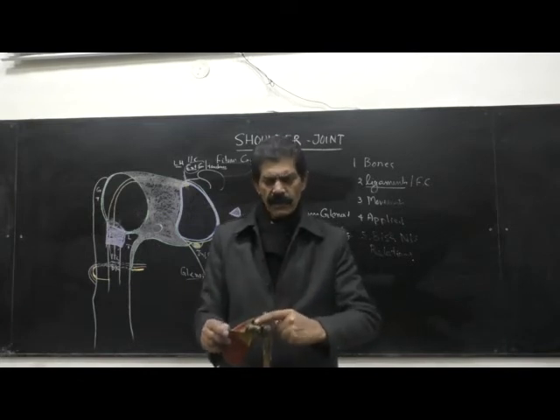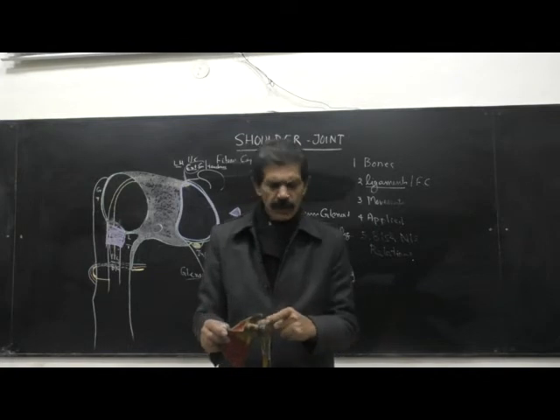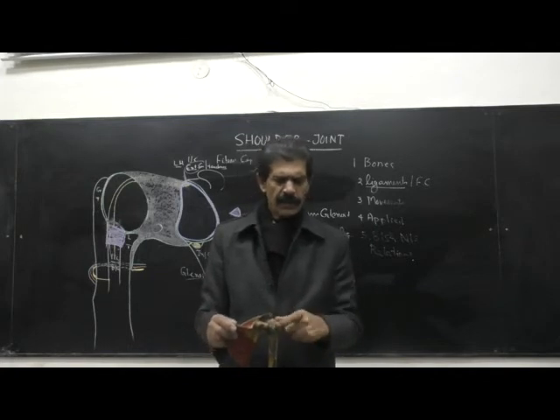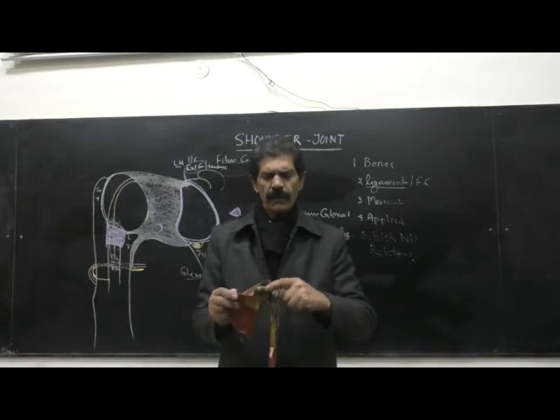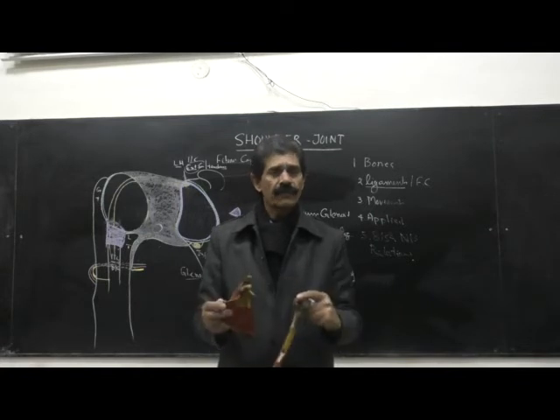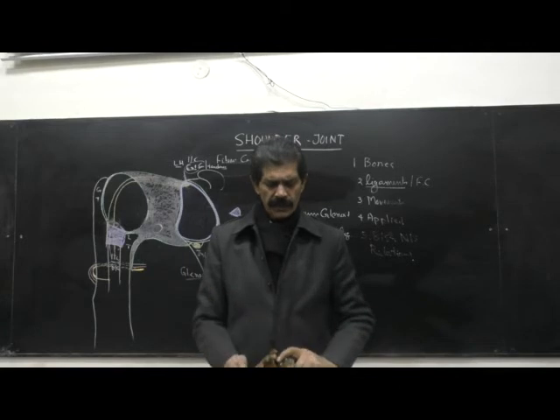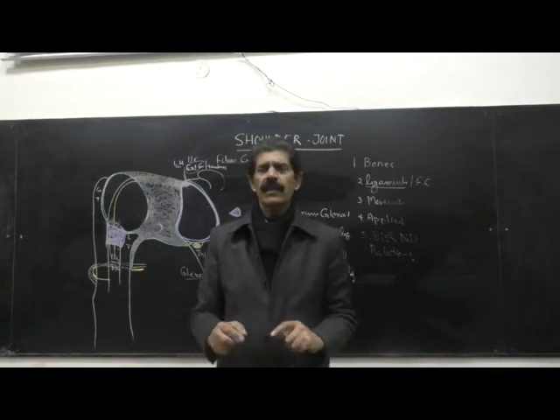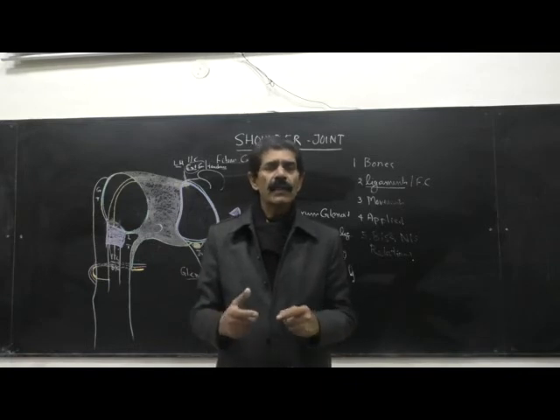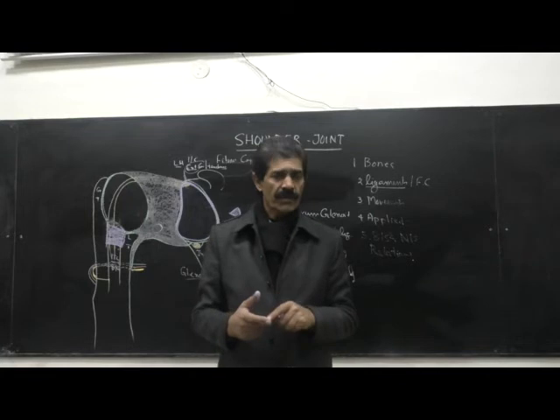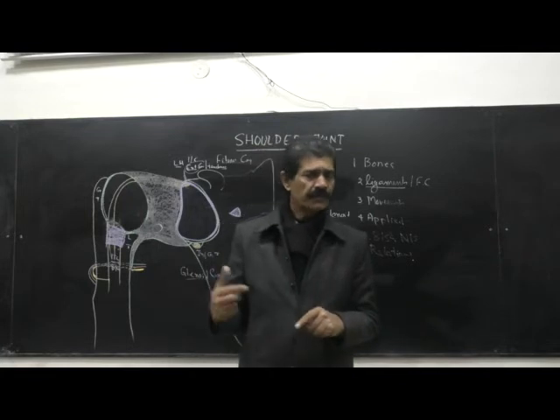So it is stretching from the supraglenoid tubercle to the bicipital groove. So this distance is very, very important to prevent the dislocation. So this intracapsular course of the long head of the bicep is one of the measures to strengthen the otherwise weak multi-axial shoulder joint. So that is the mechanism.